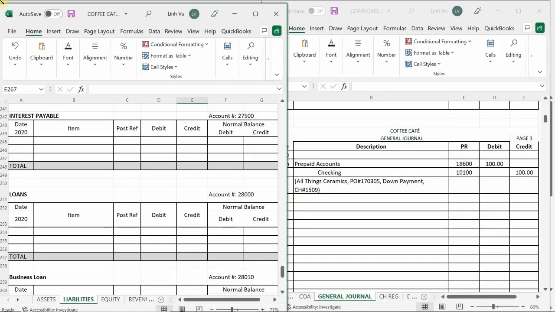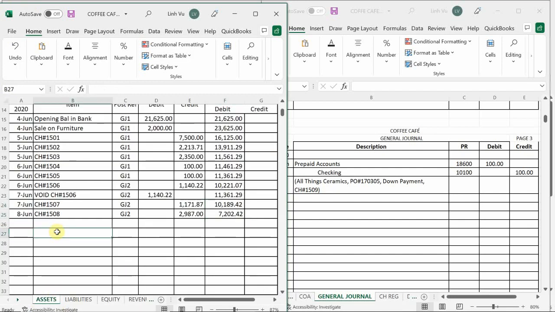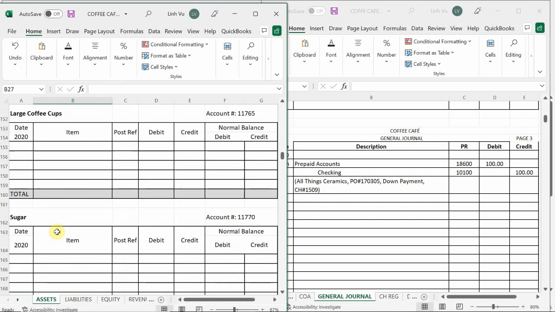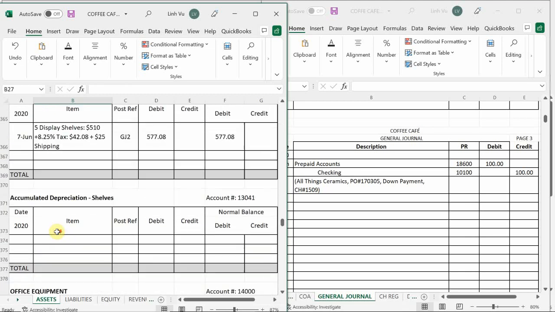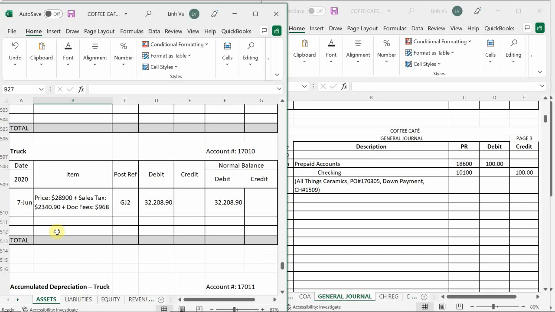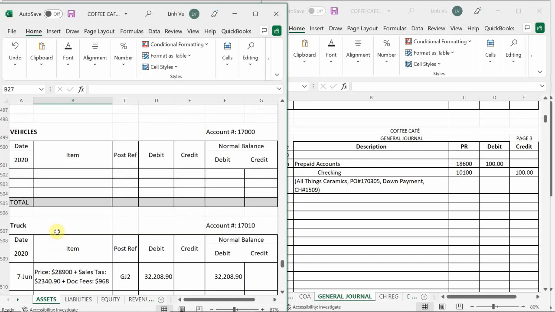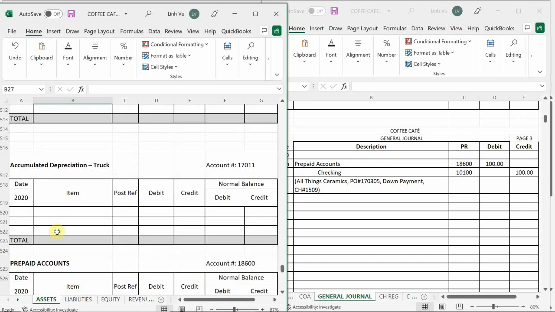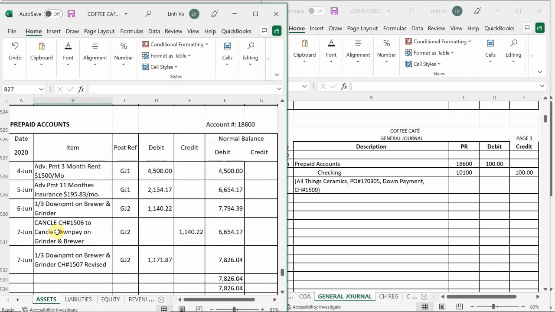So in this exact order, we have a prepaid account. Here you go, prepaid accounts.